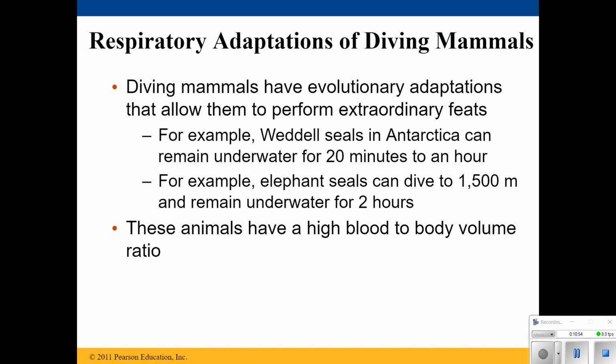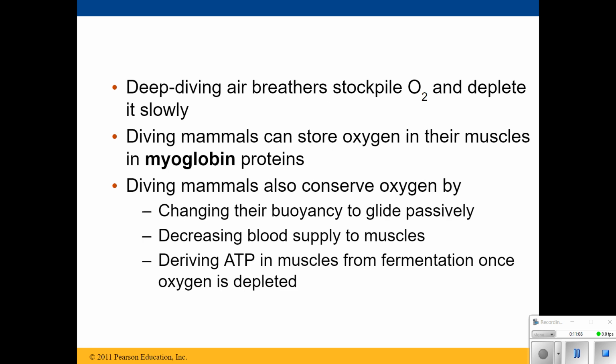One last thing to mention, which is kind of cool, diving mammals have very cool adaptations where they're able to increase the amount of blood cells compared to their body volume. That helps them store excess oxygen. Myoglobin, which is a different protein, also can help mammals that dive deep underwater stockpile extra oxygen for later so that they don't run out and they can stay underwater longer.